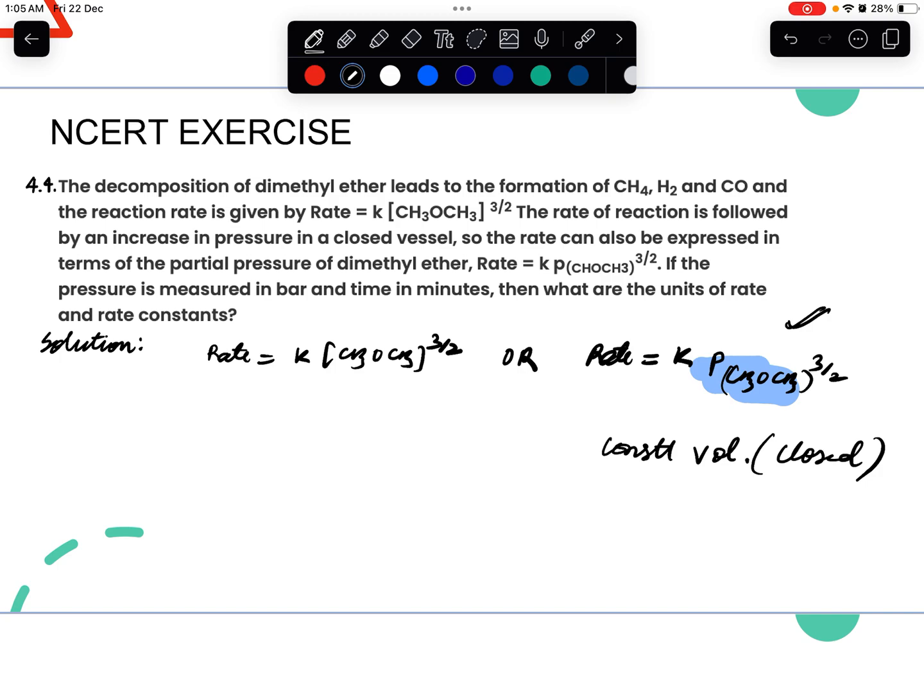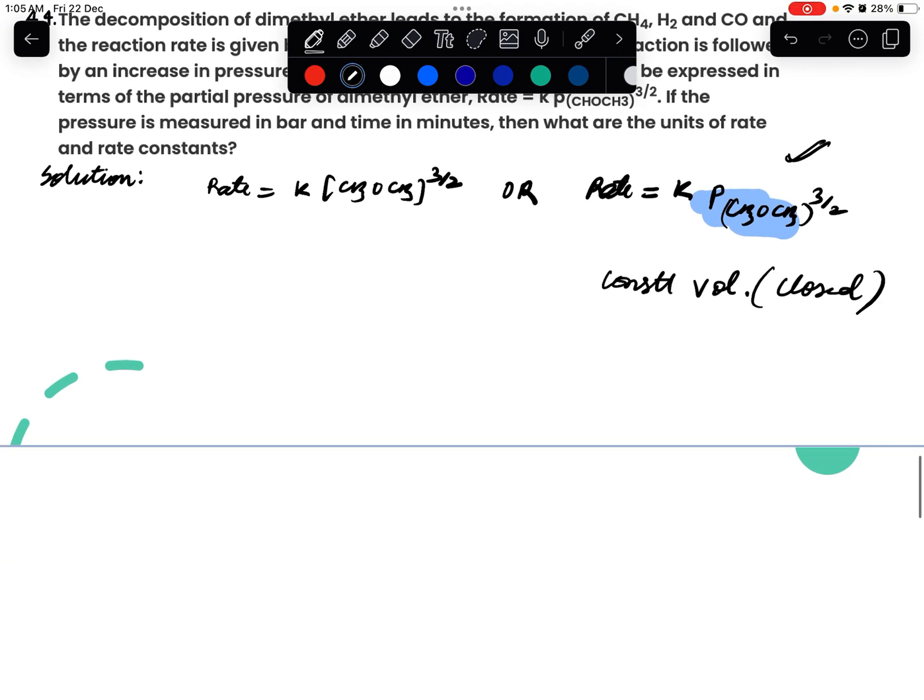Now the rate can be written as minus d of the partial pressure of CH3OCH3 divided by dt. This is the rate of the reaction.